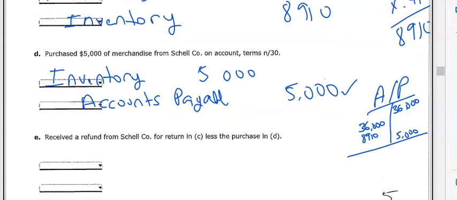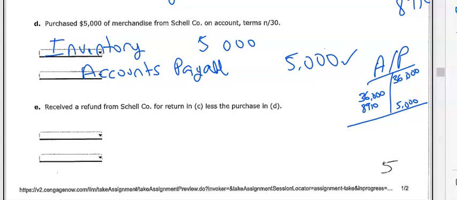So if I add up my debits, let's just see what's in accounts payable right now. I have $36,000 plus $89.10, $36,089.10 on the debit side. On the credit side I have $36,000 plus $5,000. So on the credit side right now I've got $41,000.